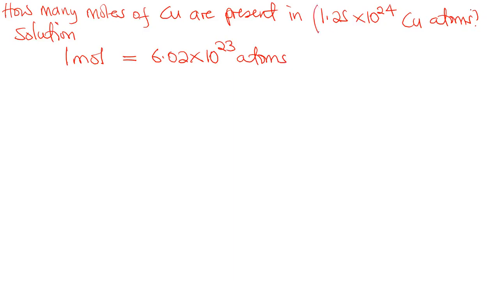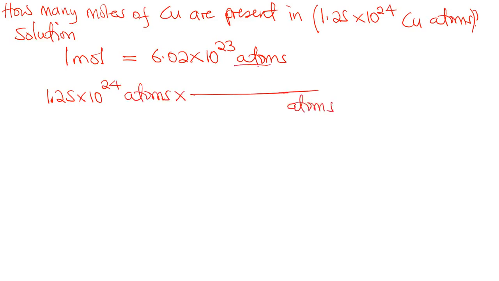As usual, you look for your given quantity. So this is our given quantity, 1.25 times 10 to the power 24 atoms. So I am going to start with that one. 1.25 times 10 to the power 24 atoms. If I have atoms here, I need to put atoms down here. Now I have used this part. I am remaining with this part, which means I need to put mole up here.